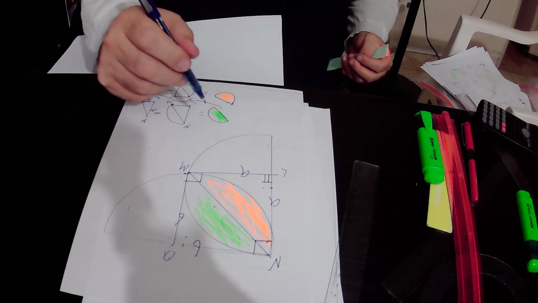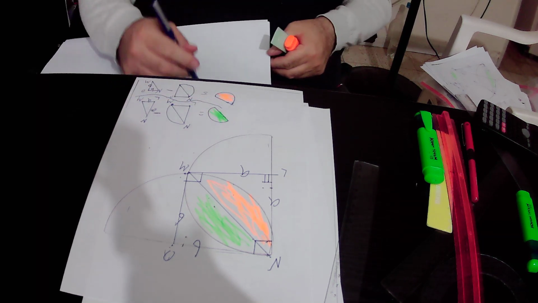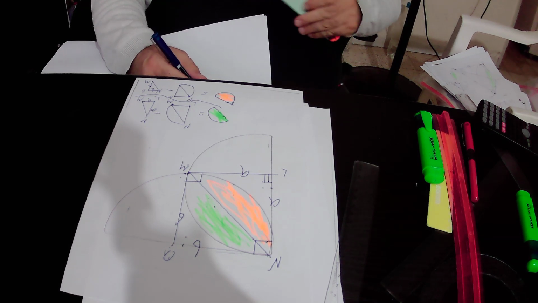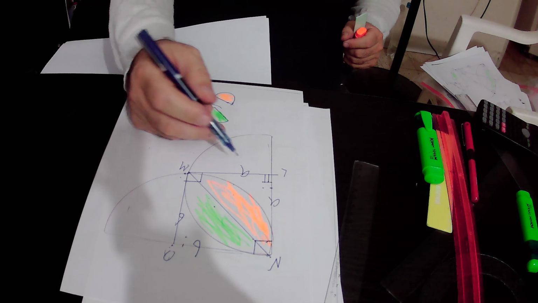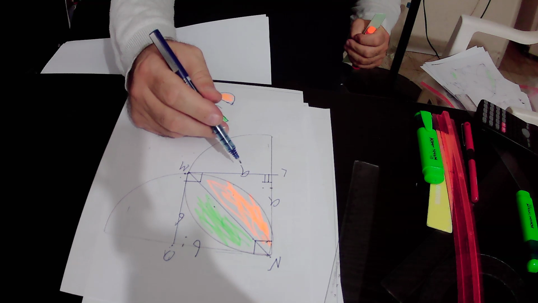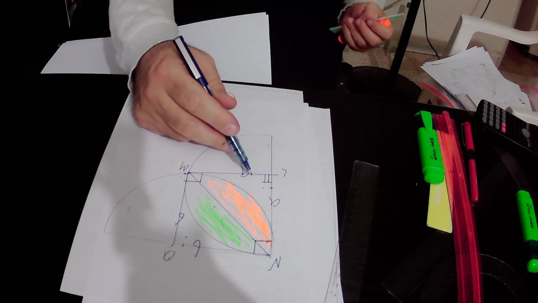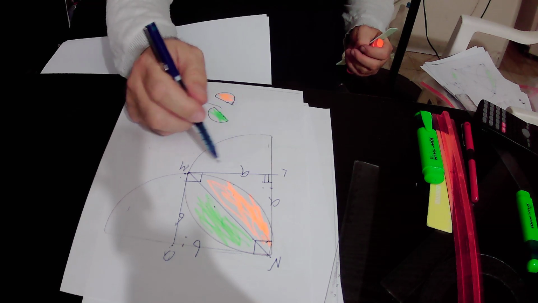So here the area of sector NLM will be equal to the angle between the two sides.